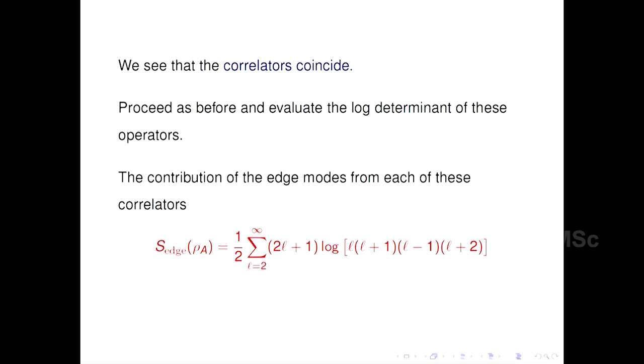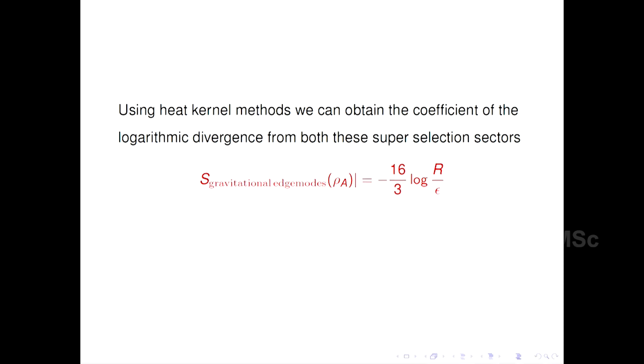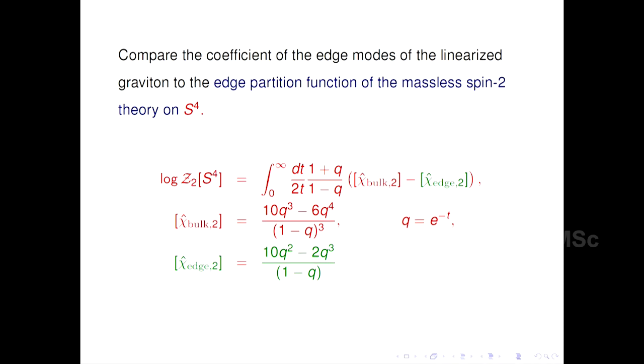We can evaluate using heat kernel techniques, and we get 16/3 log of R by epsilon. We get a coefficient number. Now, how do you know whether it is okay or not? Because we saw that pattern of the partition functions on the sphere, we looked at spin 2 partition functions on the sphere, and we write it in terms of Harish-Chandra characters.